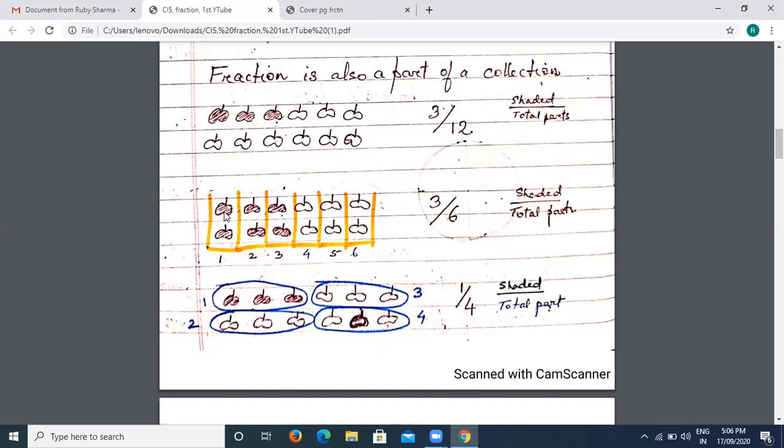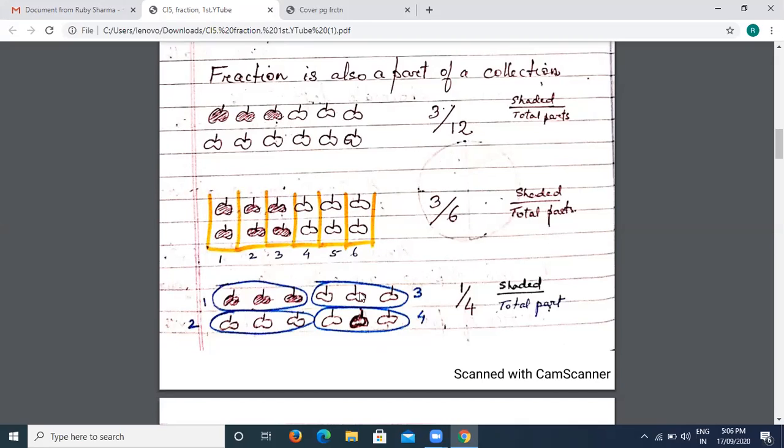And if I shade 3 parts, I'm shading 6 apples. So children, here each is a number only, 3 apples, 3 parts, isn't it? But here 3 parts doesn't mean 3 apples, it means 6 apples. So we have to be careful when we are writing a fraction. We have to see the total number of parts the whole thing is divided into, which should be the denominator, and the parts that is in question will be the numerator.